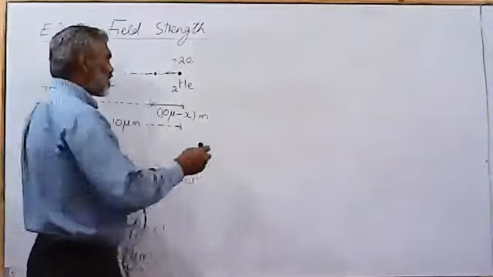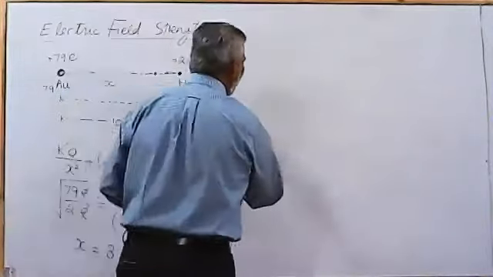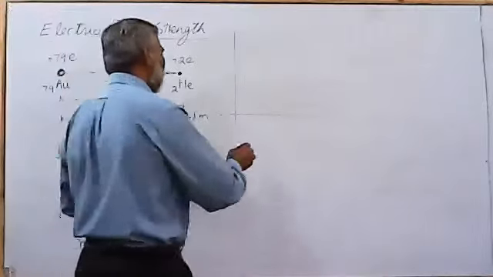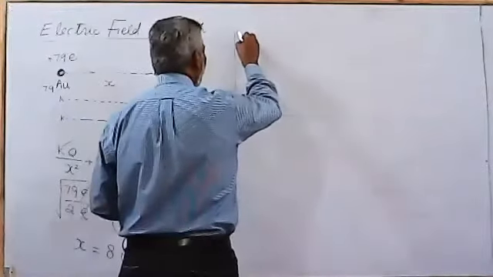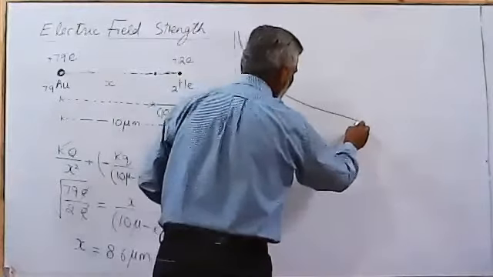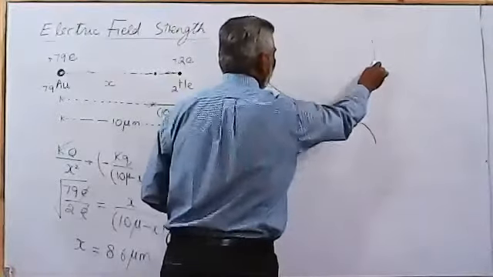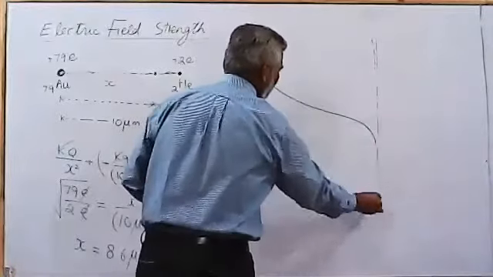So if they ask us to draw what this variation appears to be on the graph without making any scale, this will be the manner in which it changes. Roughly, this is the shape of the graph.